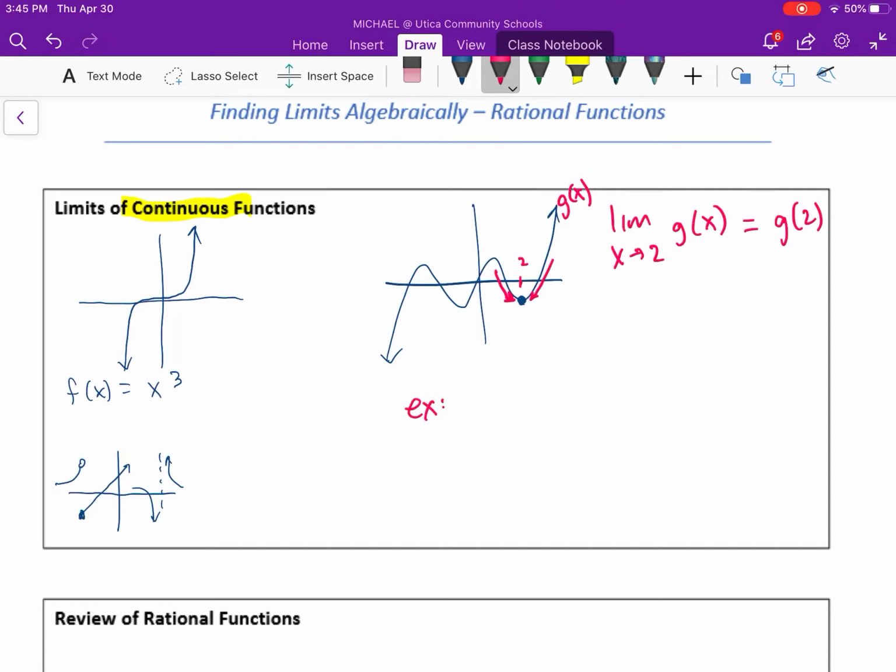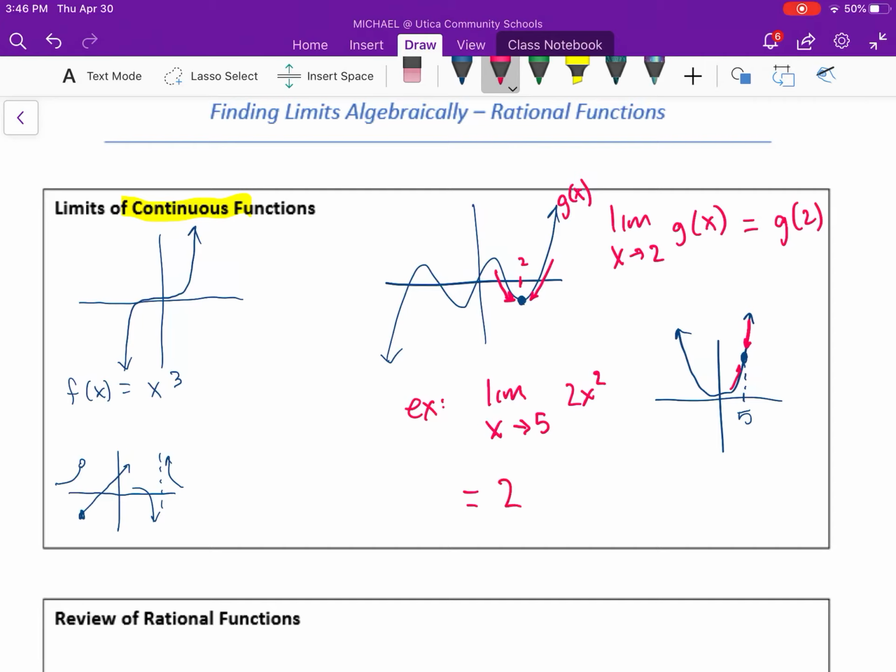So just as a quick example, if I said what is the limit as x approaches 5 of 2x squared, well, we know that that's a polynomial, so we know that that is continuous. So if I look at a graph, 2x squared is just a parabola, and when I'm at, let's just say 5 is right there, the limit is going to be the same as the function value, so I'm just going to plug in a 5 into that function.